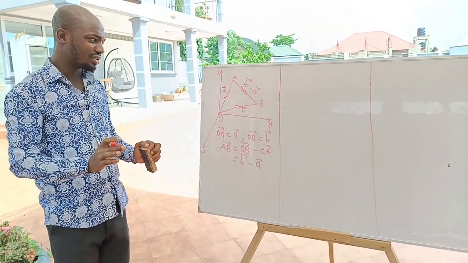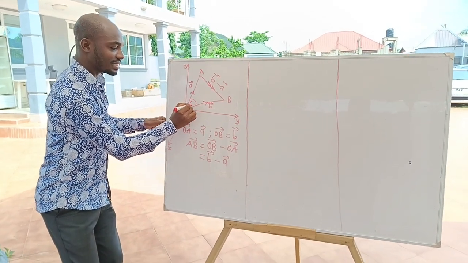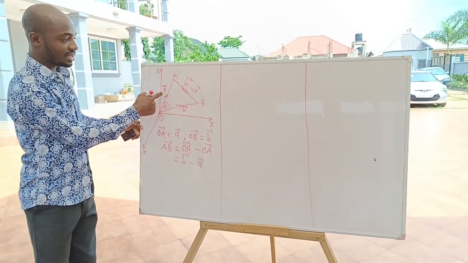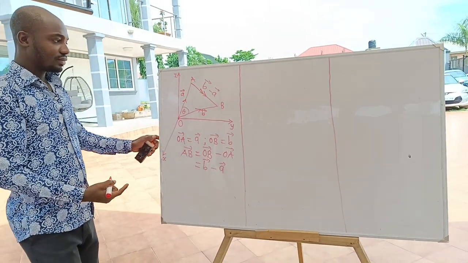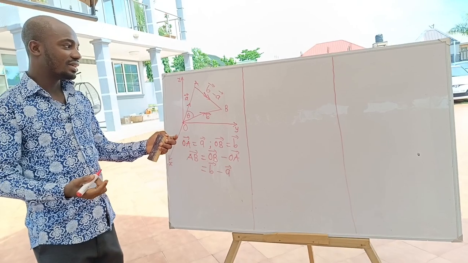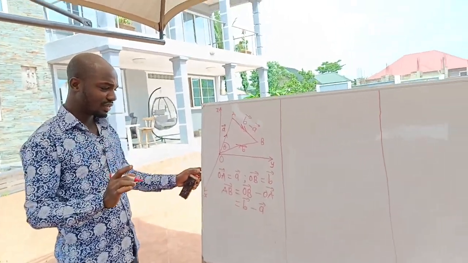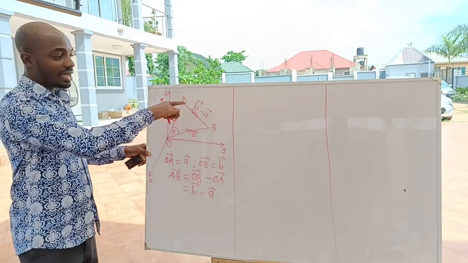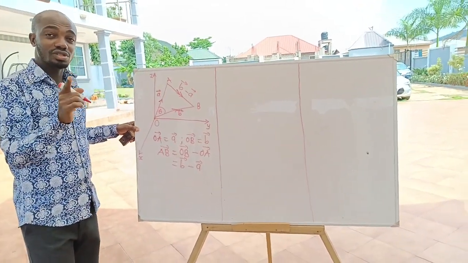Now at this point, I want to locate the angle between the two vectors a and b, or OA and OB. So how do I find the formula for the dot product? This is what I'm going to do. I am first going to relate everything that we have in this triangle with the cosine rule.